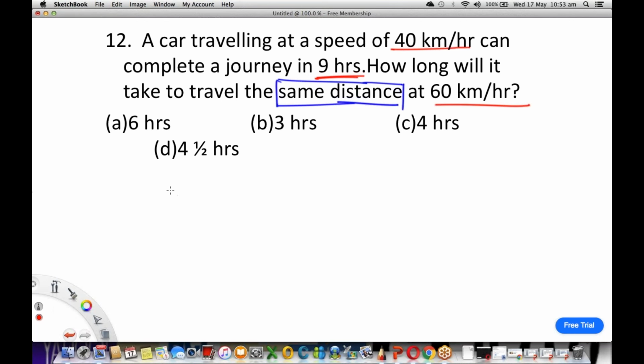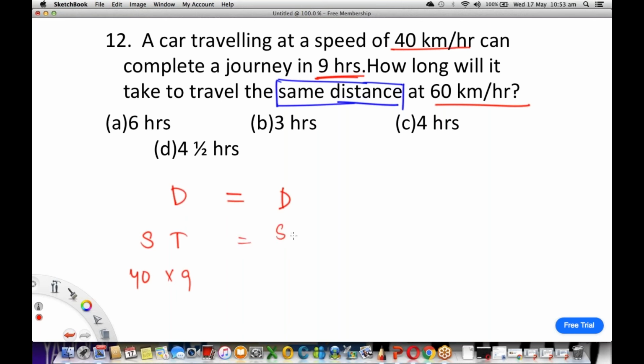What is distance? Distance is nothing but speed into time. Whether it is traveling at 40 kilometers or 60 kilometers per hour, no matter, it is going to travel the same distance. Distance in the first case should be equal to distance in the second case. Distance in the first case is speed into time, that is 40 times 9.